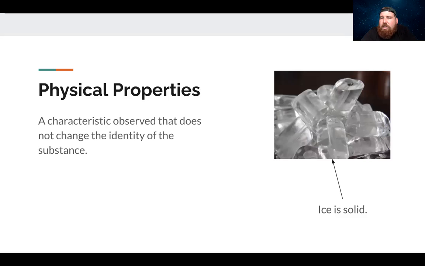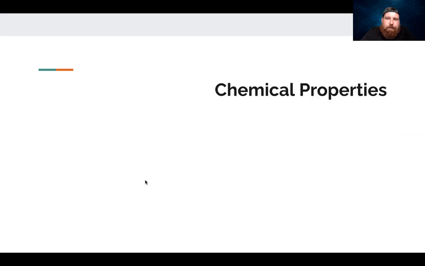It didn't change. It started off as H2O and ends as H2O. So an easy way to identify if your physical property is in fact a physical property is to try to identify what it was before and afterwards. Before you said that ice was solid, it was H2O, and afterwards it was still H2O.